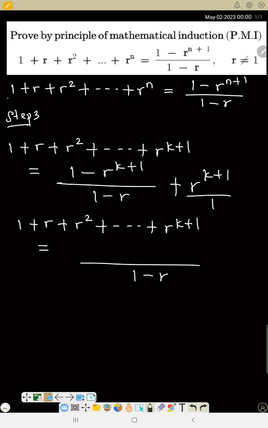So times the numerator. So that will be 1 minus r raised to power k plus 1. Then plus 1 minus r divided by 1 is 1 minus r. So 1 minus r times this. So that will be 1 minus r, then r raised to power k plus 1. So like that. So what do we have next?